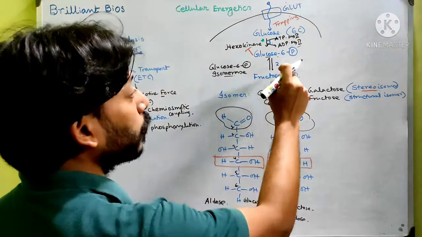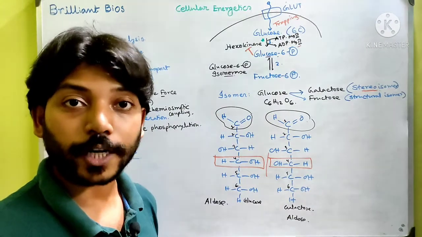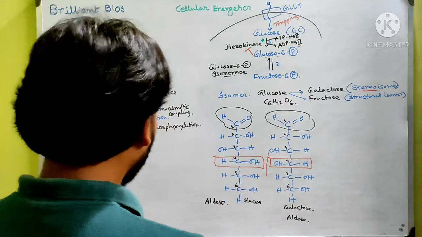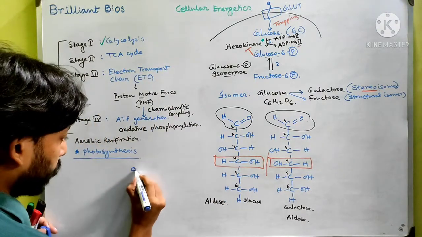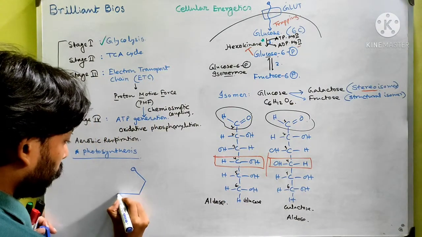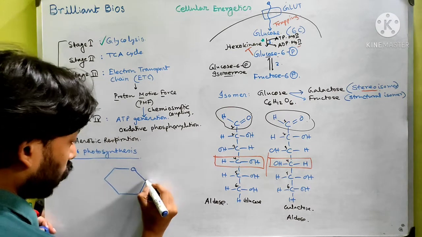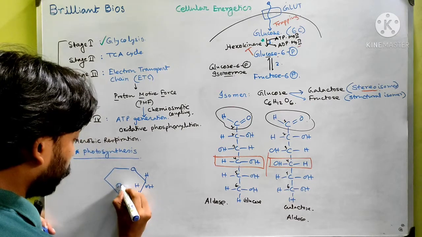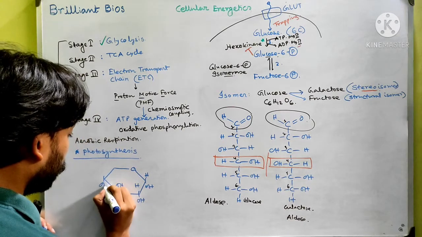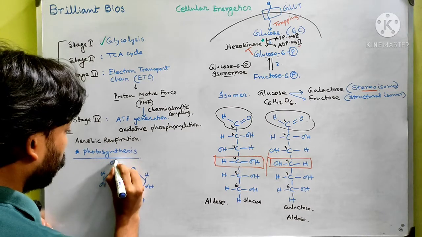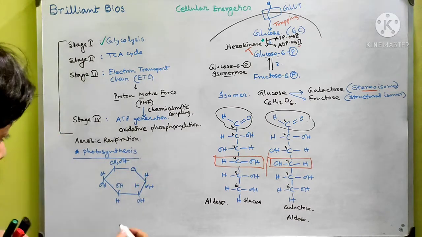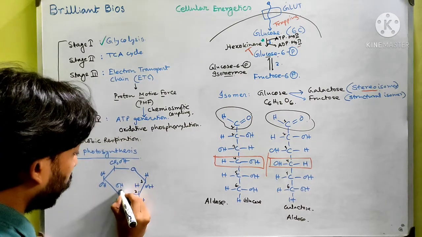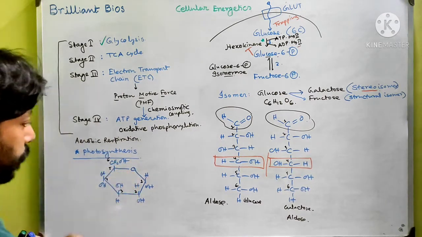But here we will focus on the structure of fructose. I can draw the ring structure of these two molecules, so that will be like this. Here H, OH, H, OH, this is the ring structure. I can write the numbers first, second, third, fourth, fifth and sixth.